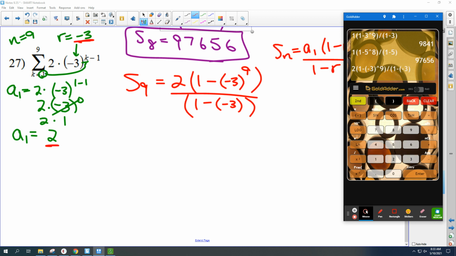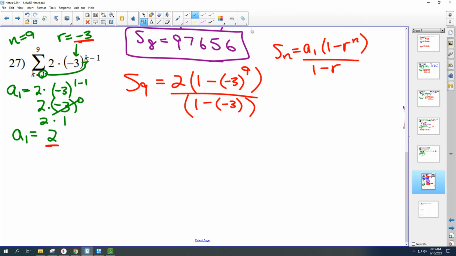Close the negative 3 and then close the bottom. Now, of course, you could probably do the bottom, 1 minus negative 3. That one's going to be minus minus is plus plus. That's 1 minus 3 is 4. So if you want to simplify the bottom and say divide by 4, that's fine. Otherwise, just type the whole thing in. You get 9842. The sum of the first 9 terms is 9842.